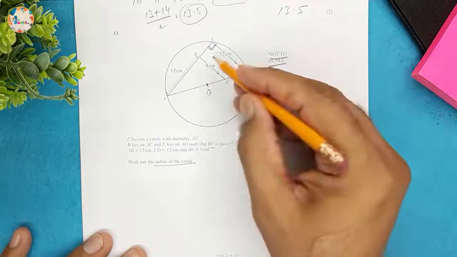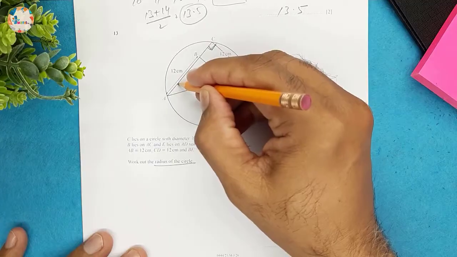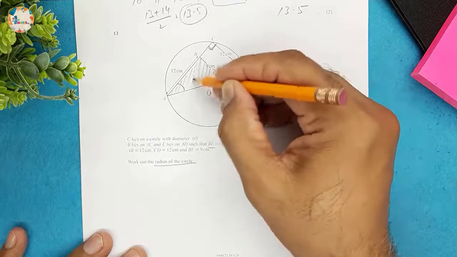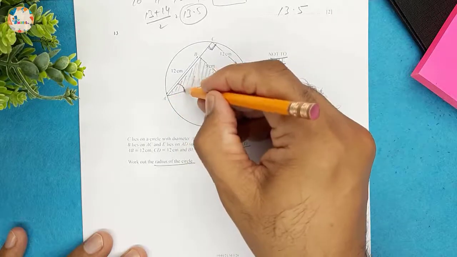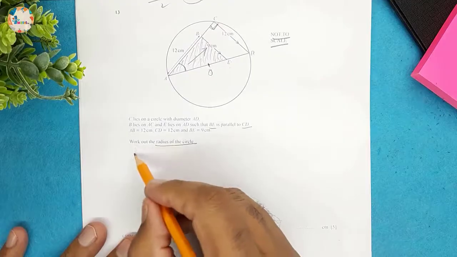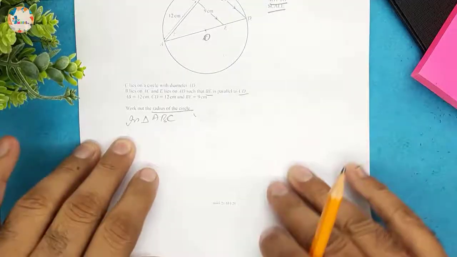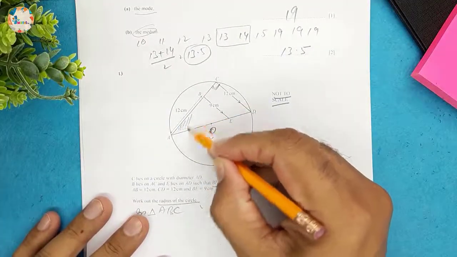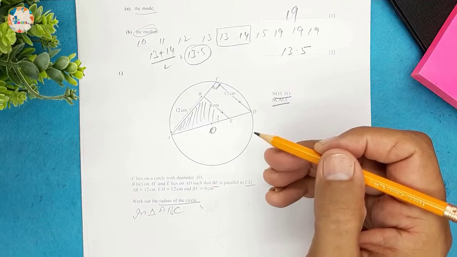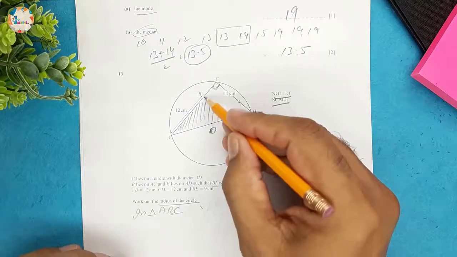First of all, we can find this angle by considering this smaller triangle, and we can apply Pythagoras theorem in triangle ABE.